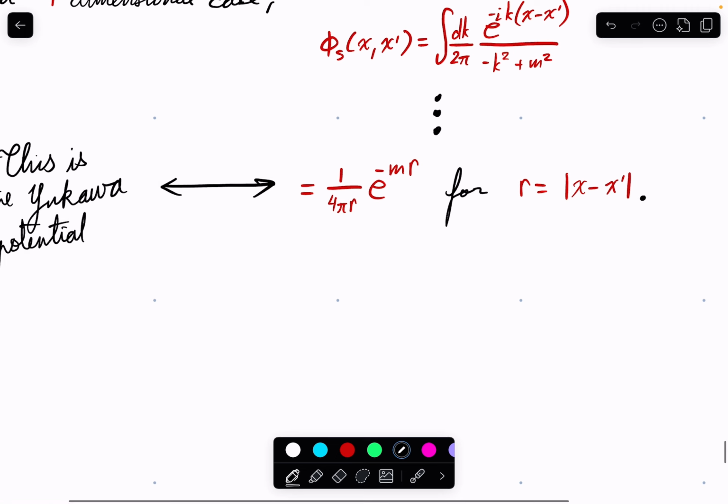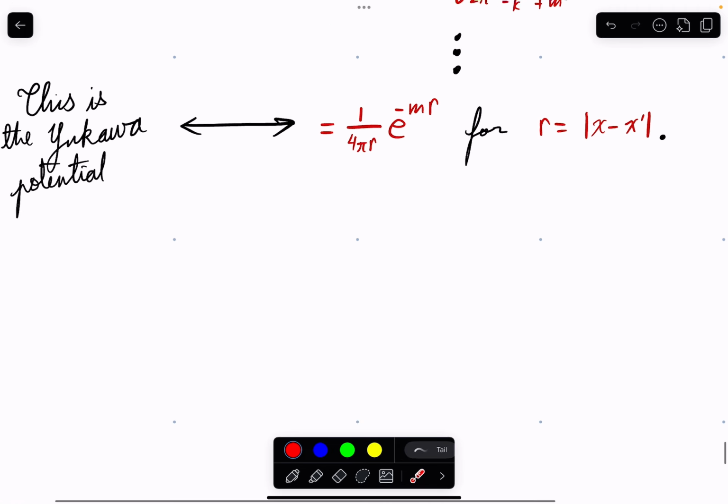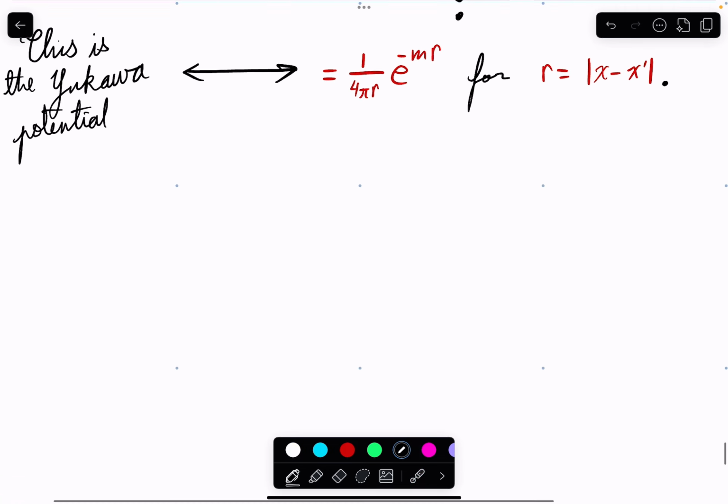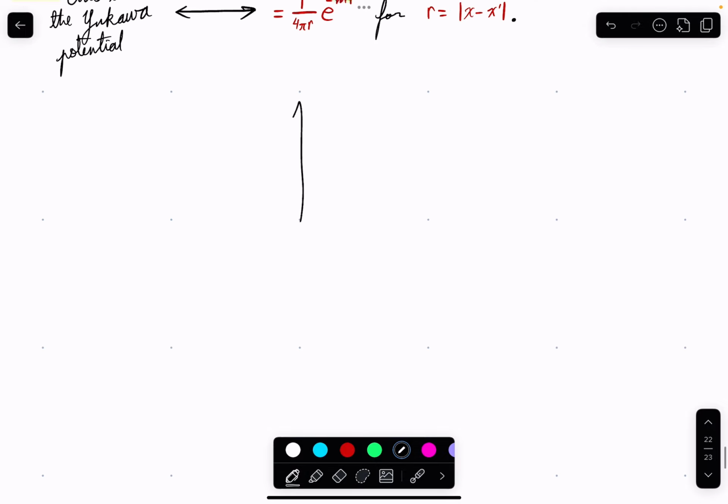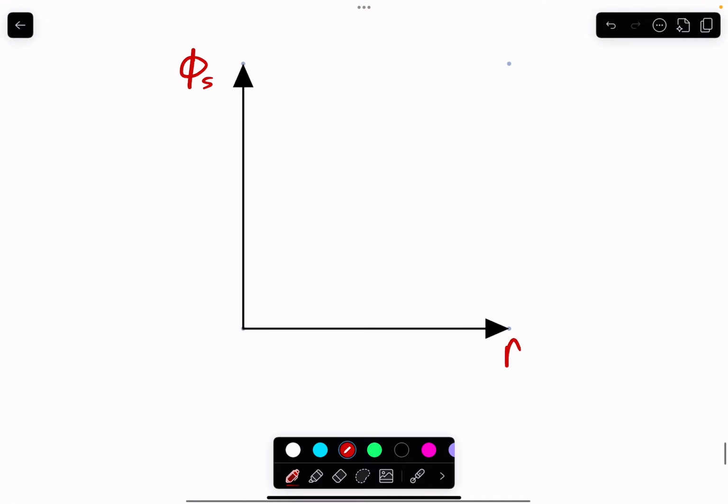But anyway, this is the Yukawa potential, and we can visualize it by drawing a graph. So if this is your distance, and if this is the strength of the field, then near the center, it's going to be really high, but then as you go farther away, it goes to 0.